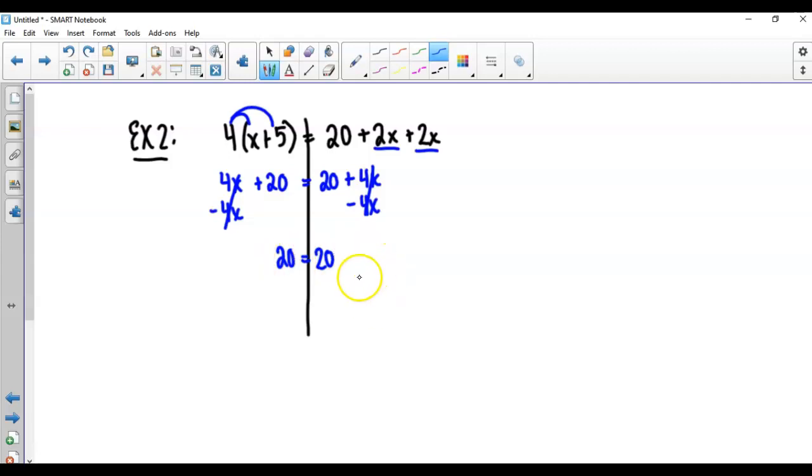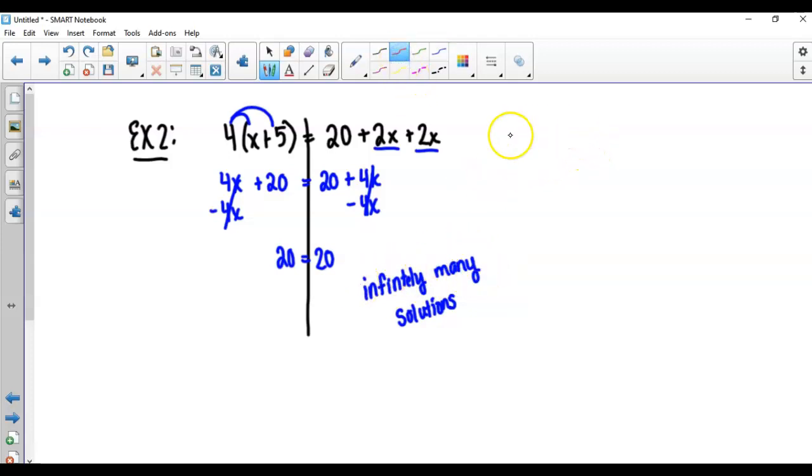So what this tells us is that we have infinitely many solutions right there. And so infinitely many solutions means that any number will work.